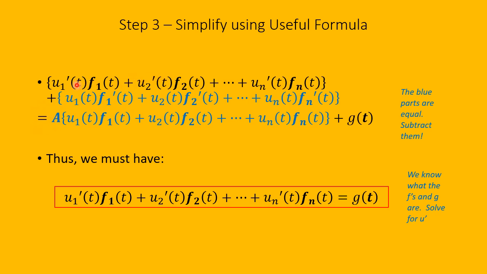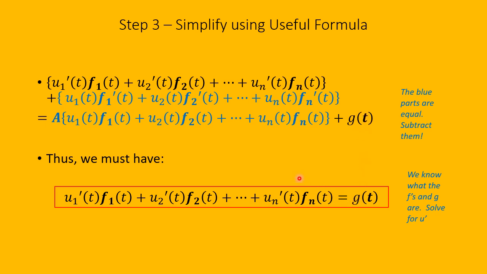The only thing that's left on the left-hand side then is this stuff up here that's in black, and we have that written right here. And on the right-hand side of this equal sign, the only thing we have left is g of t.